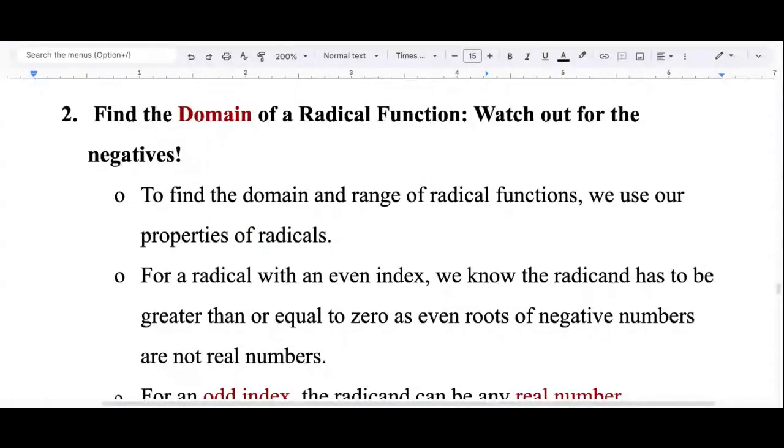Whenever we talk about a function, we care about the domain of the function, which means what kind of x value works for the function. With the square root, with the index being an even number, we have to be careful with negatives, because if the index is an even number, the radicand cannot be negative.